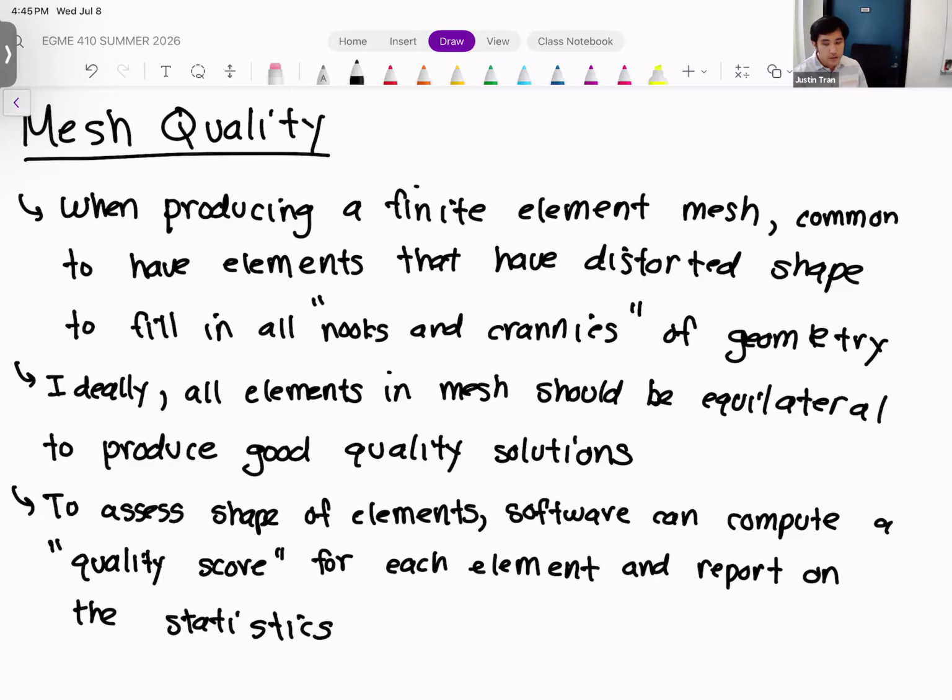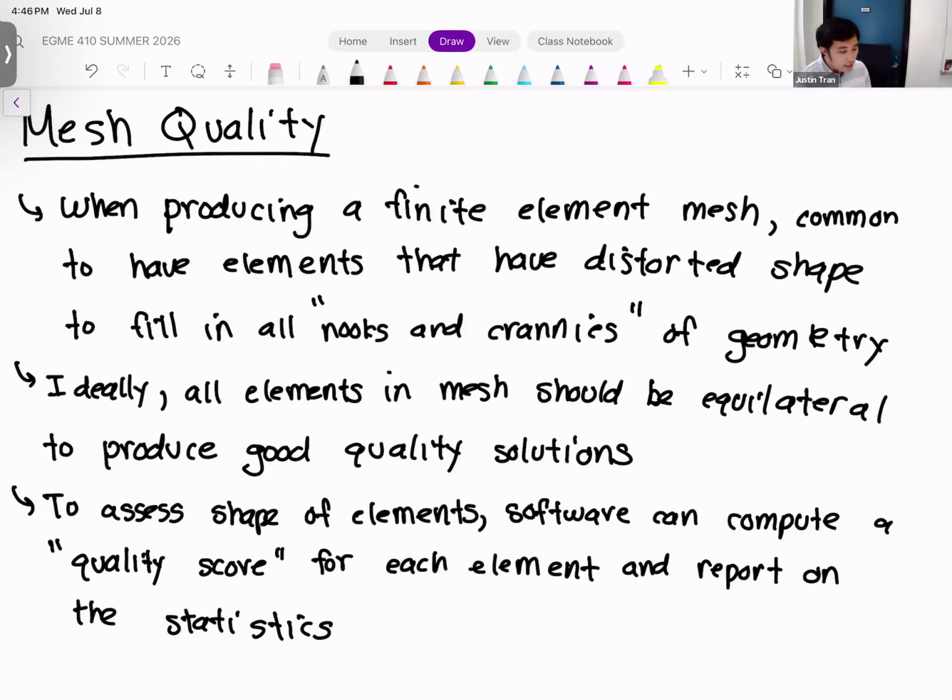So the way this typically works is that, for any given finite element mesh, the software, which for us is ANSYS, but you can also do this with a bunch of other software as well, computes some kind of score for every single element, and then all the scores for all the elements are aggregated together, and the software can report to you the statistics of those scores.